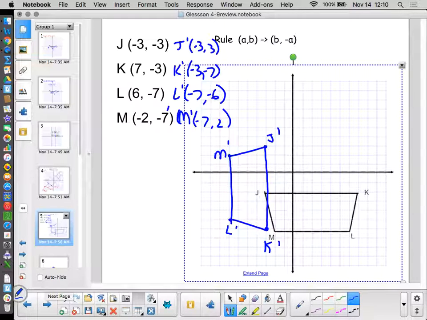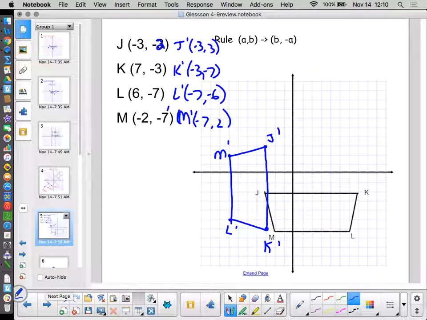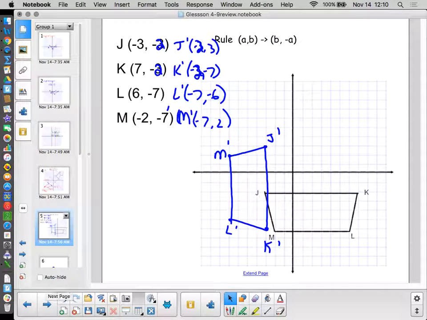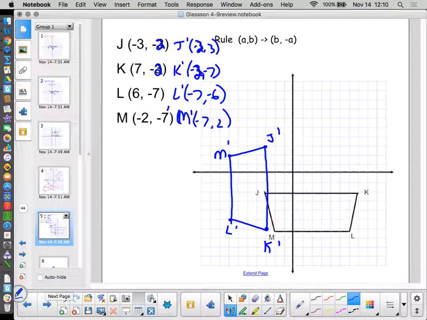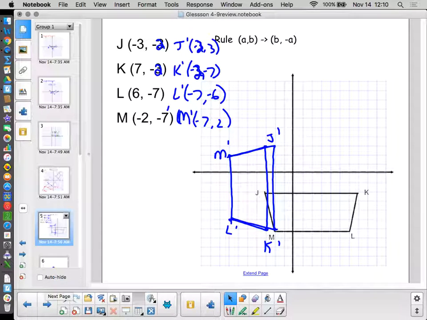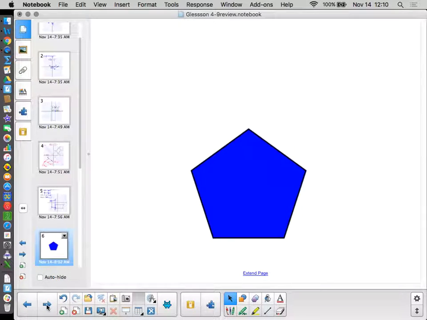Principle's the same thing. J primed is actually at negative 2, negative 3. This would be negative 2, 2. There's our problem. Okay. So it should be there and there. Better. Okay. Geez, really, it's super easy to miscount, isn't it?